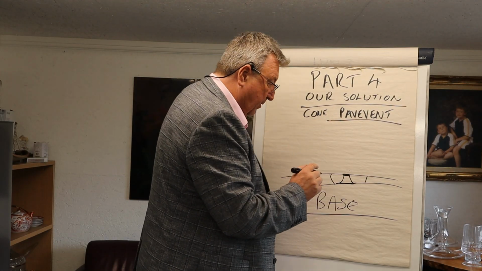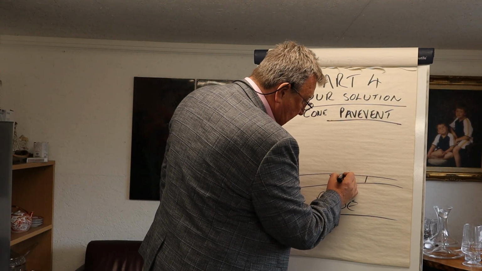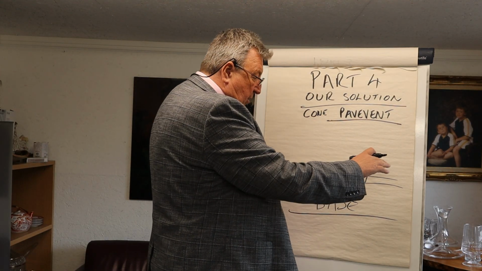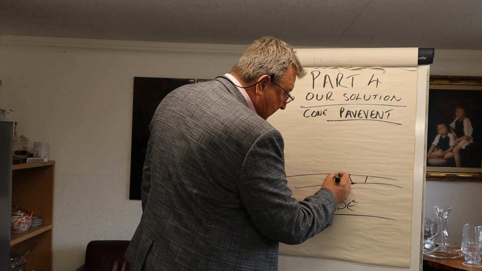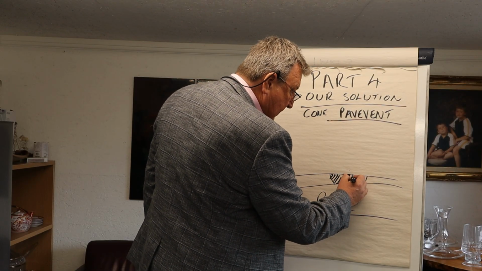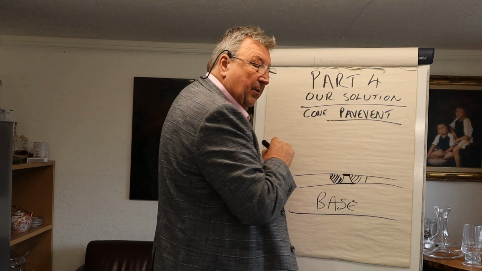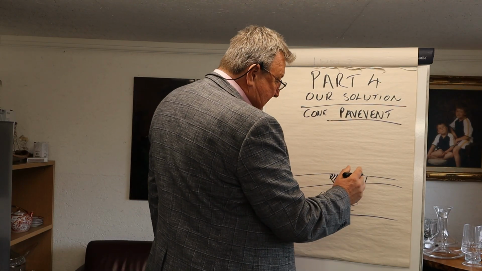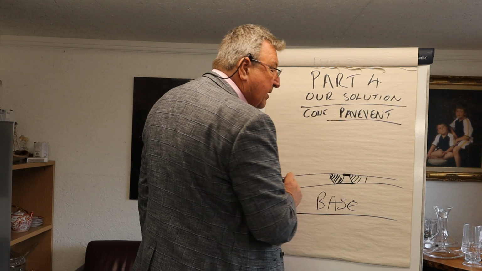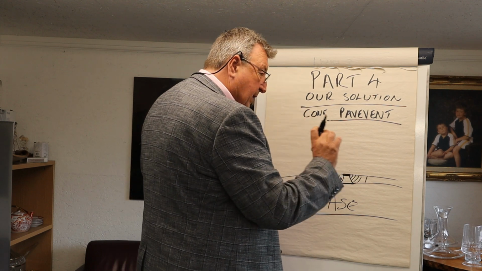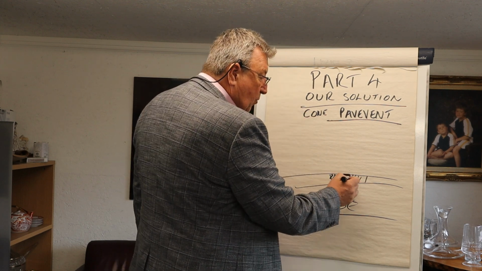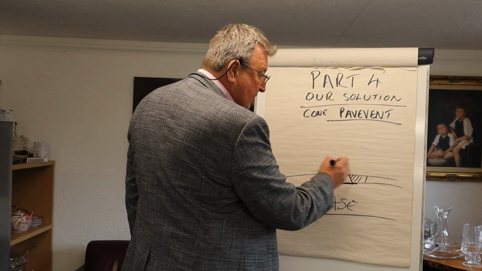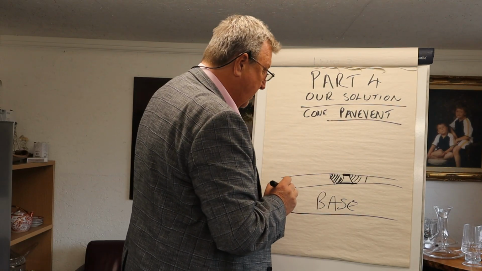There will be a cap on the top of our cone, so that when they fill in and compact the asphalt, it doesn't go inside the cone. When it's compacted, the lid will be removed, so that way the cone will sit below the surface of the asphalt.